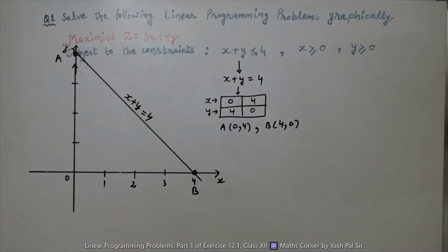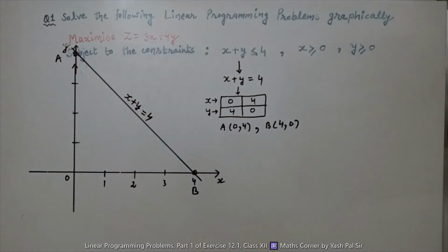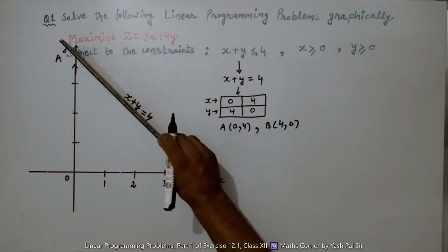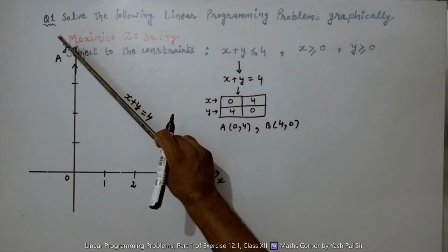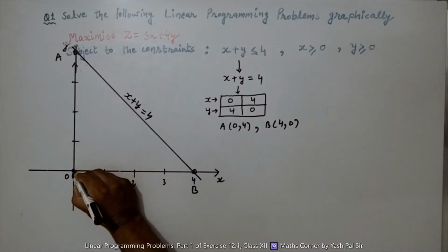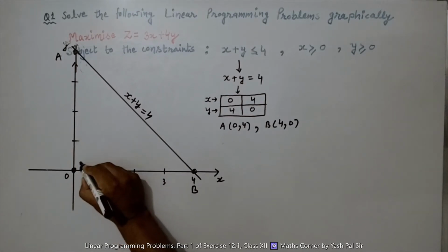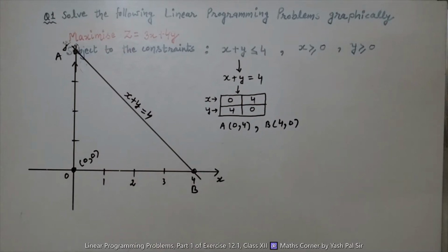Now the thing is, which side do we have to shade? The whole two-dimensional plane is divided into two parts, one part on this side and the other part on this side. One side is to be shaded. We take any point in this plane. Suppose that the point is O, the origin, with coordinates 0, 0.